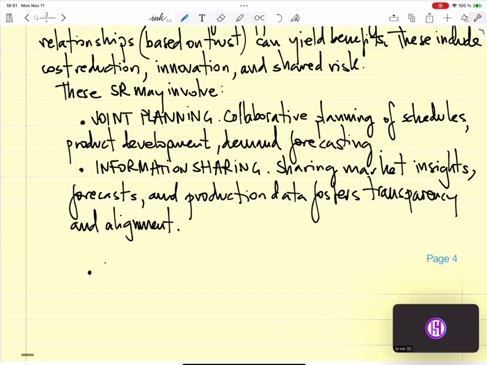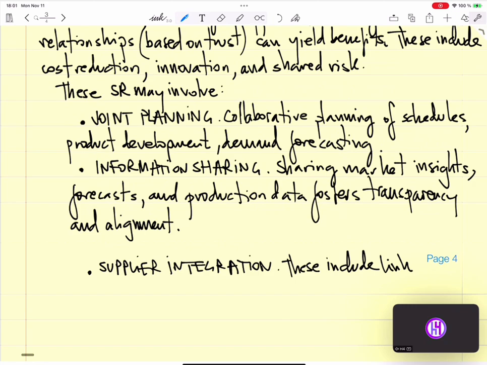And the third thing is you can integrate. So you have your supplier integration program. This is what Toyota does with their strategic suppliers. This includes linking IT systems.